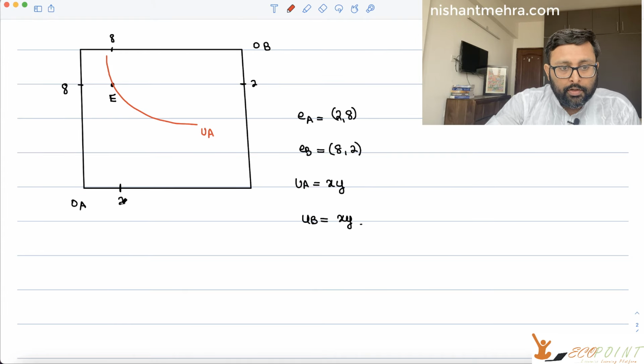One more thing. This is 2 here, and reading from here, this is 8. So the total supply of X in the economy is 10. This is 8 here, and reading it from here, you're 2 here. So the total supply of Y in the economy is also 10. So this is what the width and the height of the Edgeworth box is.